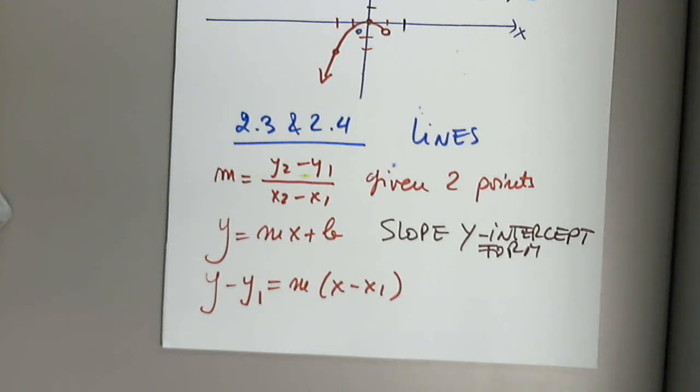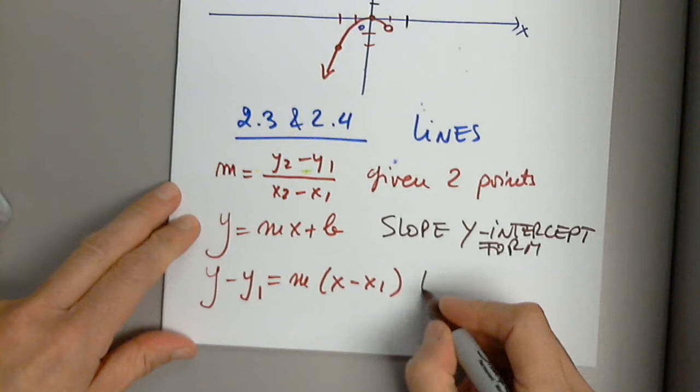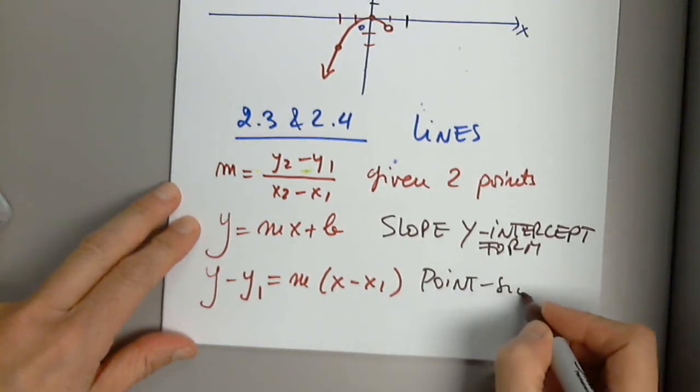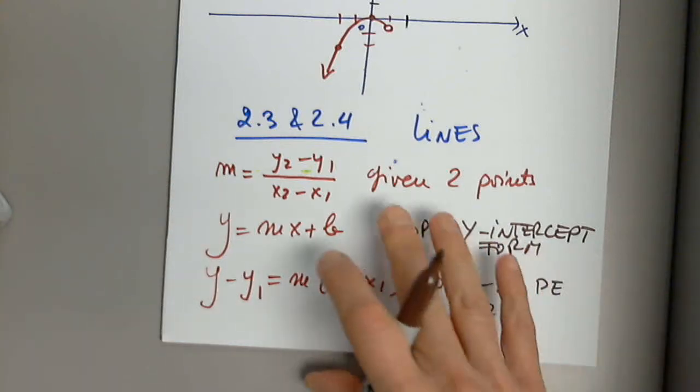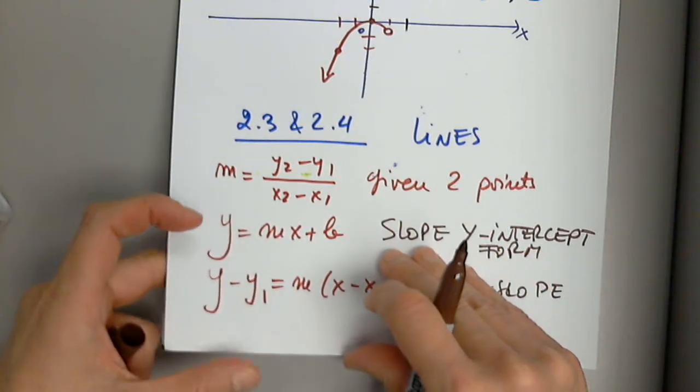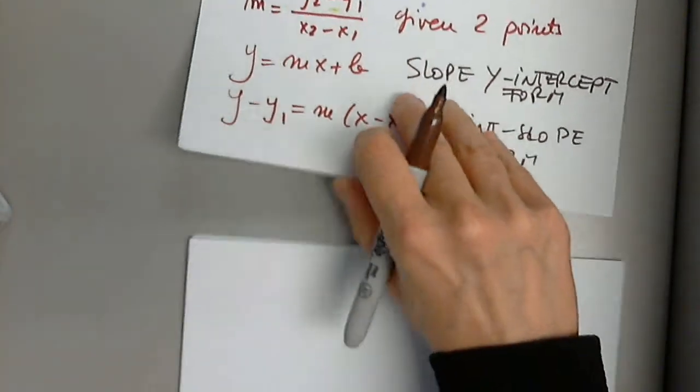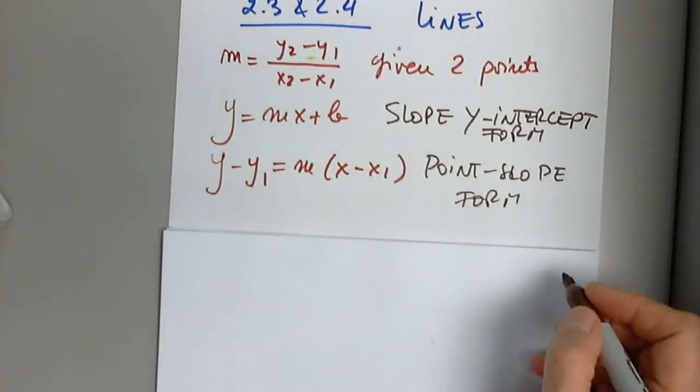Point slope form. This is the point, and this is the slope. Point, slope, form. Good. We'll practice and we'll graph and we'll do a lot of things here.